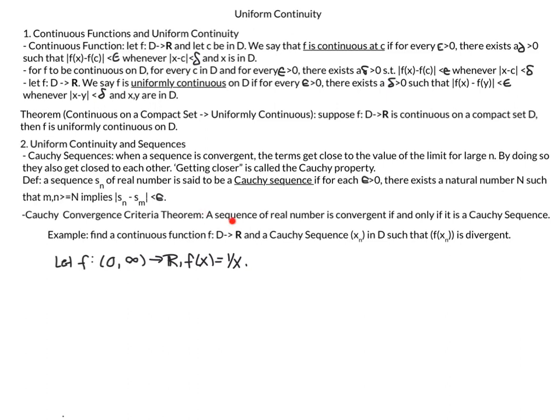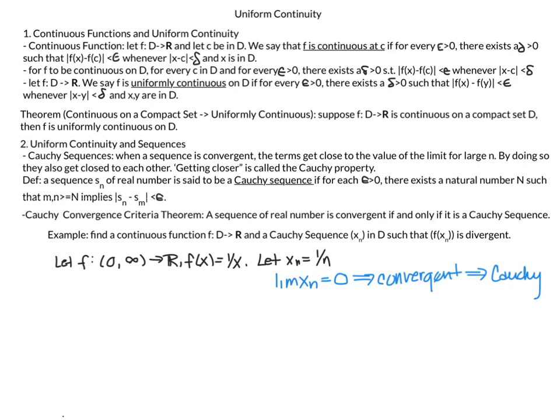We will start with the continuous function f. We're going to define f on the open interval (0, ∞), and f(x) is equal to 1/x. Since it's the open interval, it does not include the point 0, so we're continuous all through D. We are going to propose x_n, our sequence, to be 1/n.